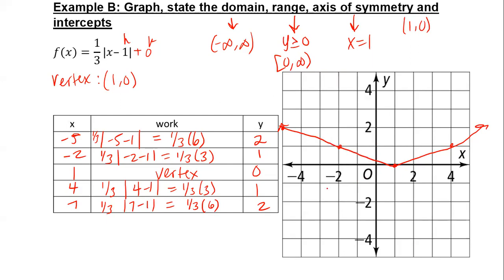So if we set this equal to 0, what do we get? So we have 1/3 absolute value of x minus 1 equal to 0. That's going to give us x minus 1 equals, we're going to multiply by 3 to cancel out the 1/3, going to make 0. And then we're going to add 1.